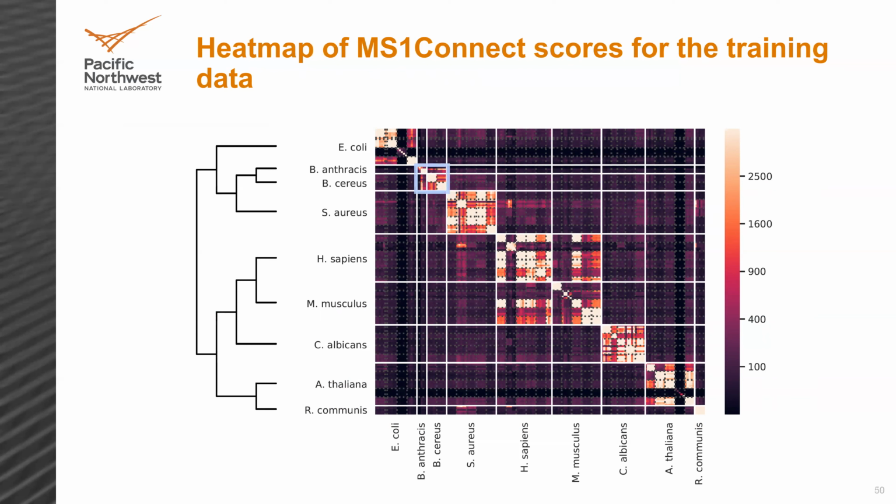In addition, we can see that interspecies relationships are also showing up in the MS1Connect scores. So these two species are in the same genus, and you can see that they're also very similar to each other. As another example, we see that humans and mice are pretty similar to each other, and this makes sense in the context of our data set, because we include bacteria, and we have plants as well.